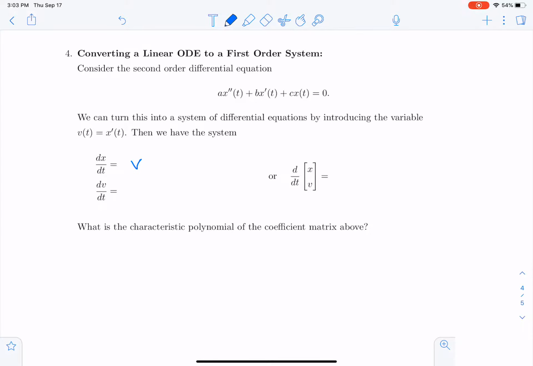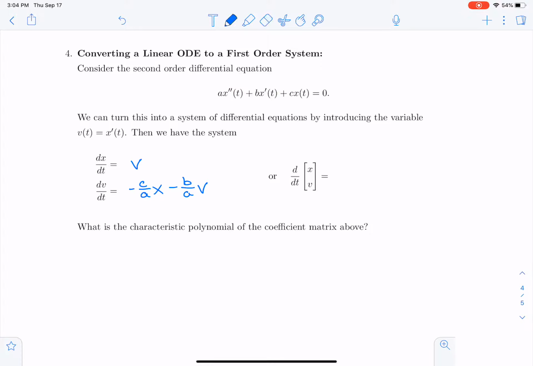So essentially, we replaced x prime with v. And then we replaced x double prime with v prime, because that's the derivative of the velocity. And then we solved for v prime, which gave us negative c over a times x minus b over a times v.